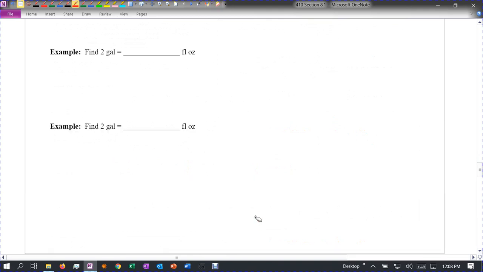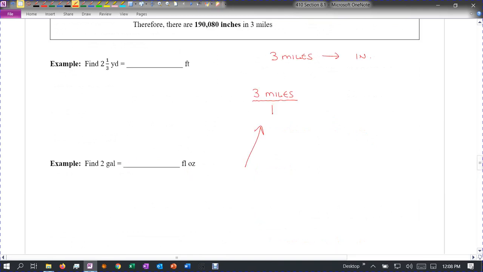Right here. Okay, so if I want to go from miles to inches, the first thing I got to do is go from miles to feet. So what I'm going to do is multiply by 1. And we know that multiplying by 1 doesn't change anything. But the one that I'm actually going to use is not going to be this. It's going to be one of those conversion factors. And I want to go from miles to feet. So what I need to do is make this miles right here cancel.